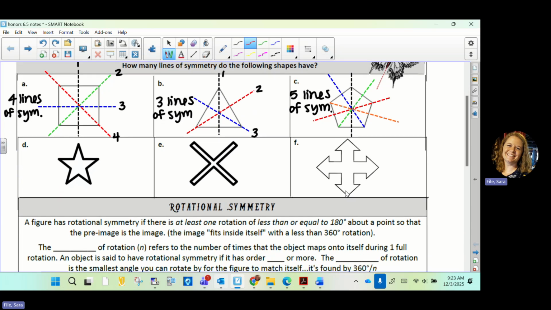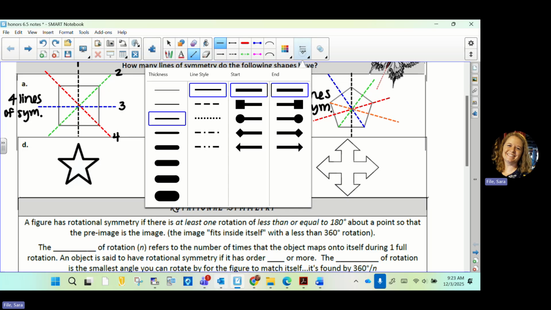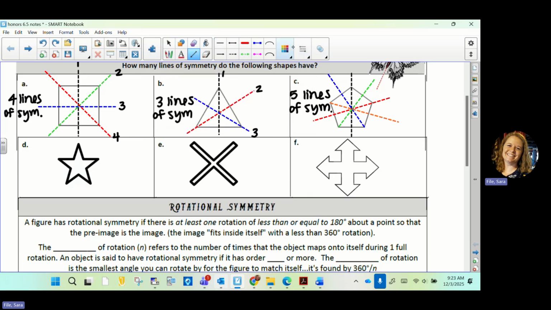Okay, so in this star, where do you think I could draw a line of symmetry? Vertically. Okay, through that top vertex. That should work. So if I fold it over that line, does everything match up? Is that a mirror image? Yes. Okay, where else could I draw one?